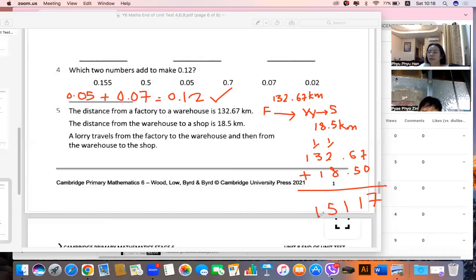So how many decimal places do I need to put? 2. So I put 2 decimals here. So our answer is 151.17 kilometer. Do not forget to write the unit also, like kilometer or meter. Okay, so you will write the kilometer. Do not forget to write the unit, okay?